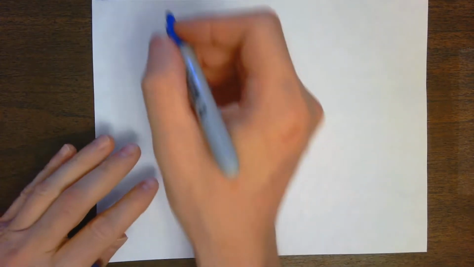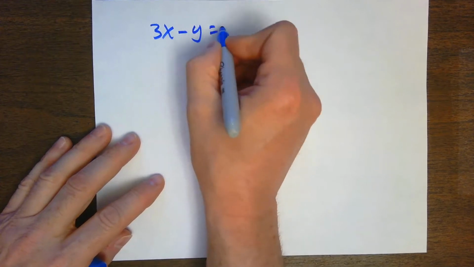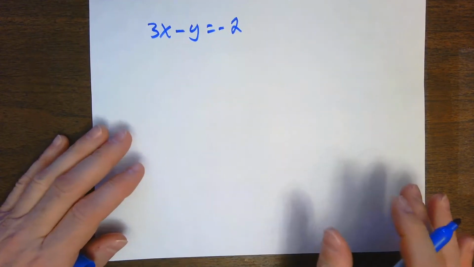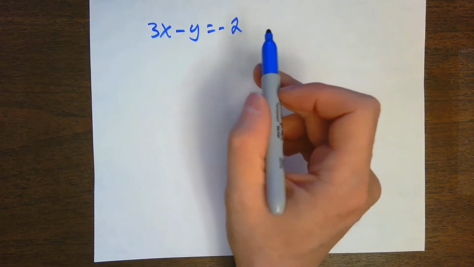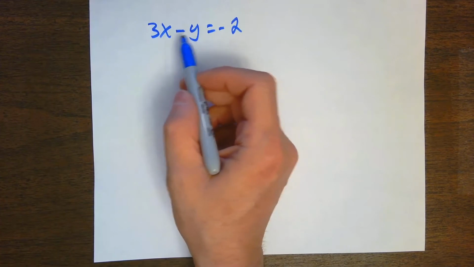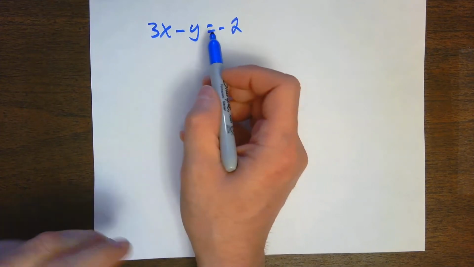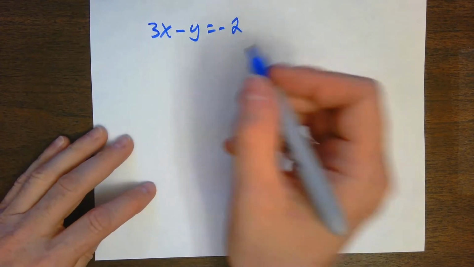For my first example, I'm going to use the line 3x minus y equals negative 2. That's a nice, well-behaved line. I could subtract 3x, divide by negative, and put it in y equals mx plus b. Notice that the y's and the x's only have powers of 1. Nothing weird, no square roots or powers or anything else going on. It's ax plus by equals c, a line in standard form.